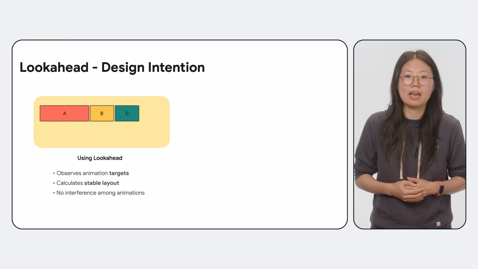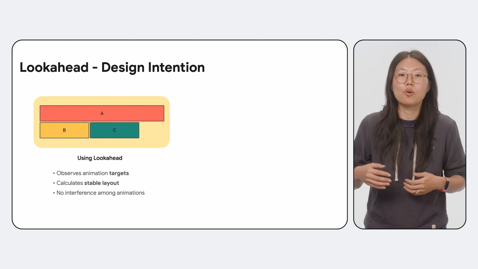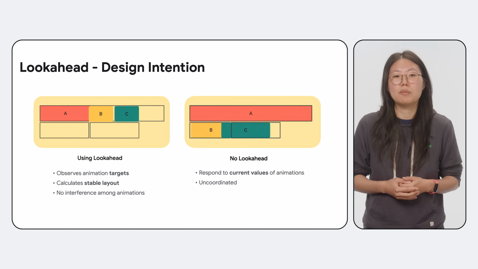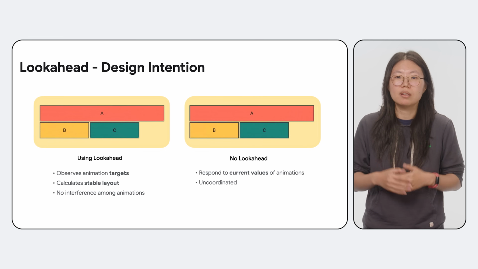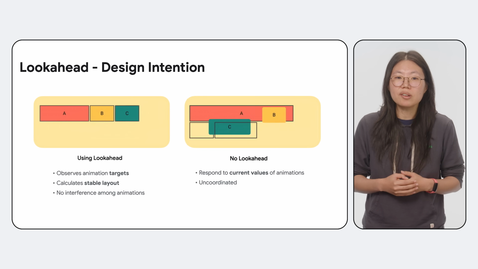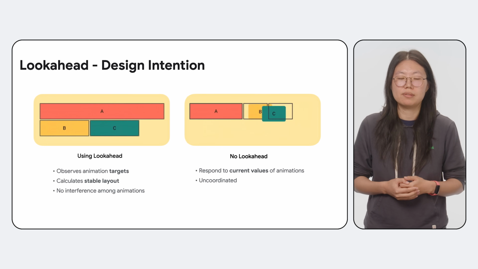Once we have the stable layout, we can create animations based on the stable layout and avoid interference from size animations. We can compare the two versions of the animations side by side. The left uses Lookahead, the right doesn't. It is clear that the stable layout from the Lookahead helps avoid interference from other animations.